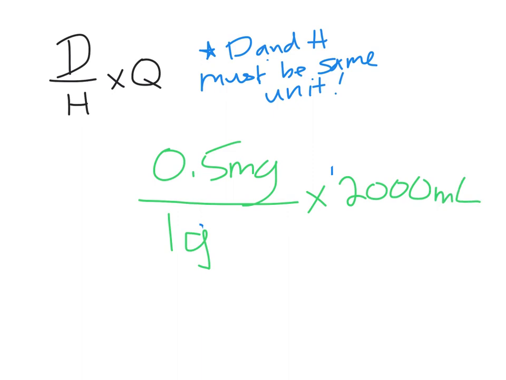Now I can't just take 0.5 divided by 1 because remember, D and H have to be the same unit. Milligrams at the top and grams at the bottom, they're not the same unit. So I'm going to have to do some converting. I'm going to take that 1 gram and convert it to 1,000 milligrams as I've moved 3 places to the right, or times 1,000 for those of you who are using your stair-step method.